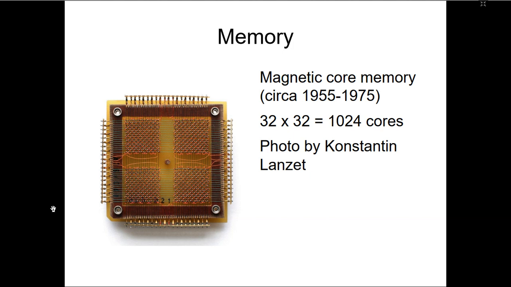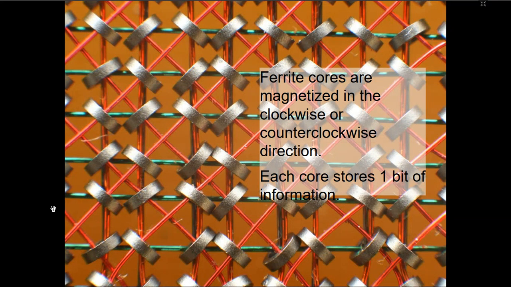Now, if you look closer at it, you can see these little chunks of iron, and what's happening here is that the iron is being magnetized. And so you can magnetize one of these rings or cores of iron by passing an electrical current between, say, this wire and this wire, and that'll magnetize this core.